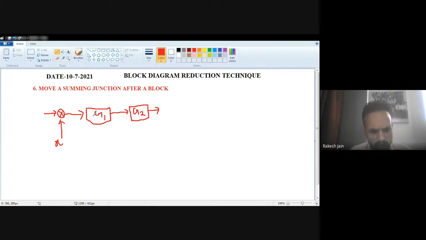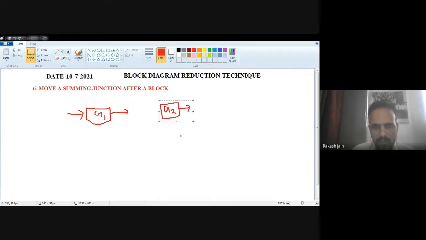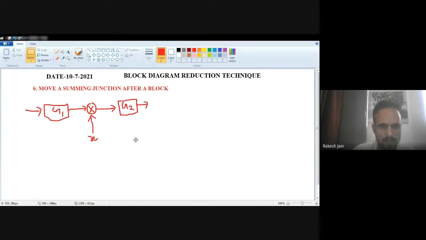Or we can do one more change: let's suppose it is in between these two blocks, so it will be easier to understand. Let's suppose there is a summing junction available in between these two blocks, and I just want to move this summing junction after this G2 block. So how will it be possible?